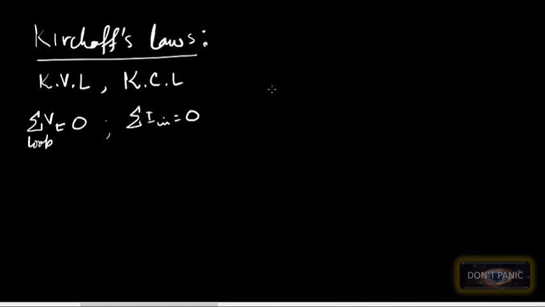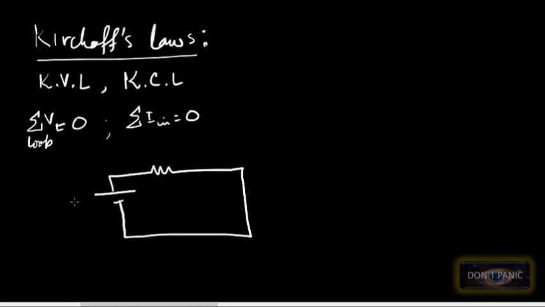For example, we've already seen this before. We had that circuit. This is the simplest example of Kirchhoff's voltage law. This is the voltage of the battery, and this is some resistance in the circuit.